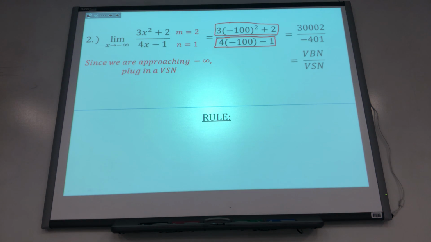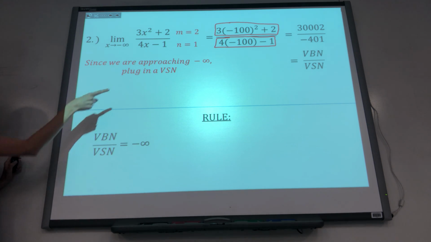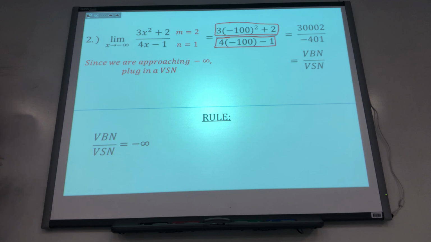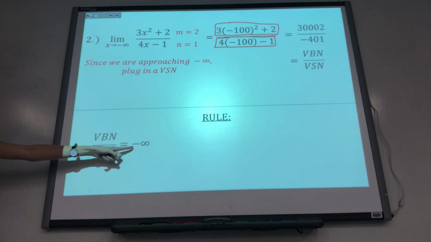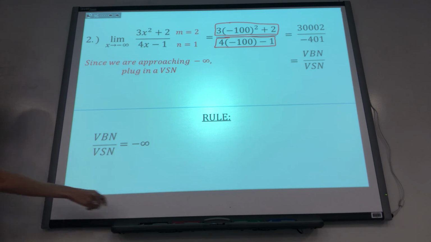Anytime you're working with very big numbers, very small numbers, here's how we make this one last jump to what our answer actually is. And I'm going to start with what we have over there. If you end up with a very big number over a very small number, your answer is going to be negative infinity.